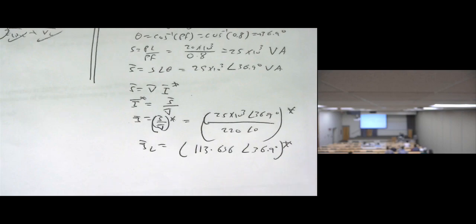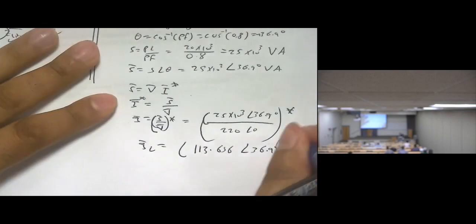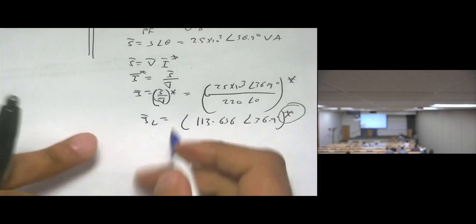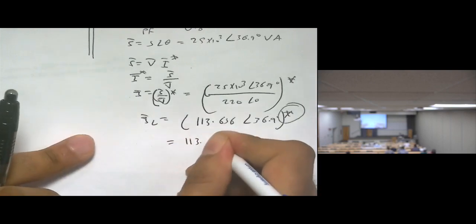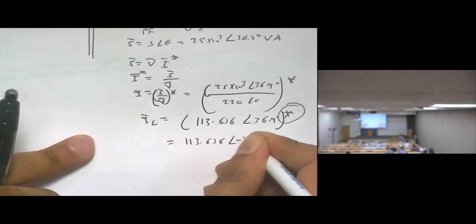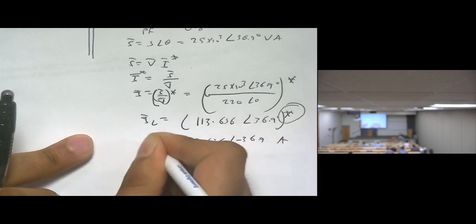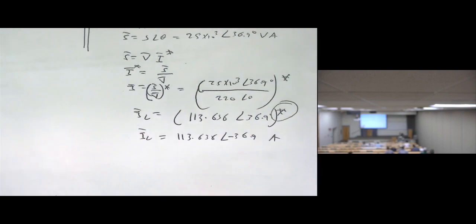Again, don't forget this conjugate. One of the common mistakes is that a lot of people miss the conjugate, and then they get incorrect results. How to apply the conjugate? Just reverse the sign of the angle. The unit here is ampere. Understood? Does everyone get it? Any questions?